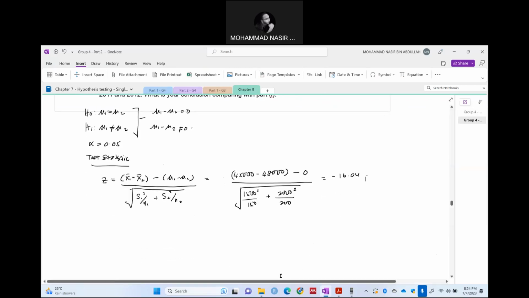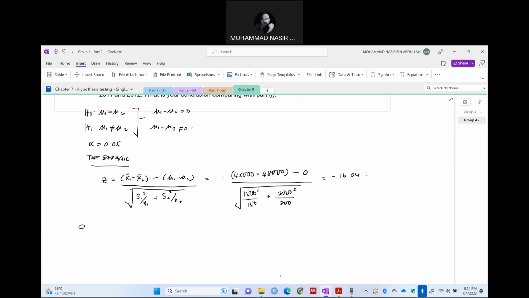Next, we need to find the critical region. Based on the null and alternative hypotheses, we have a two-tailed test, so we have two-sided critical rejection regions. This is the acceptance region, and this is the rejection region.